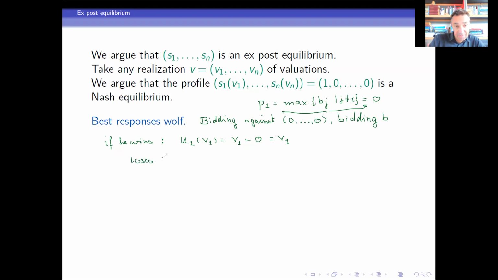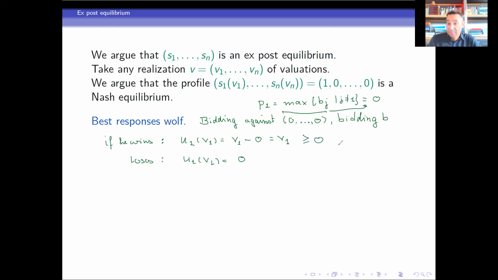And if he makes a bid that loses, then his utility is, of course, 0. He doesn't get the item, but you also do not pay. And V1 is, of course, larger than or equal to 0. So making sure that you win is one of your best responses. How do you win?